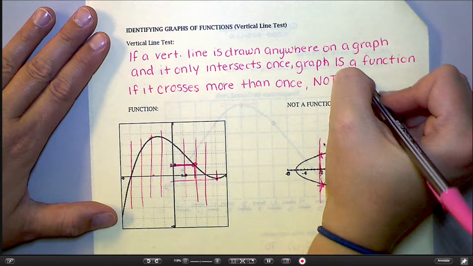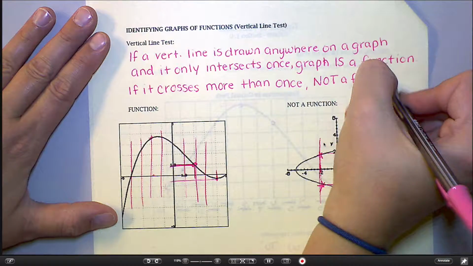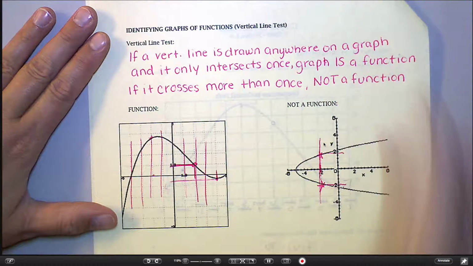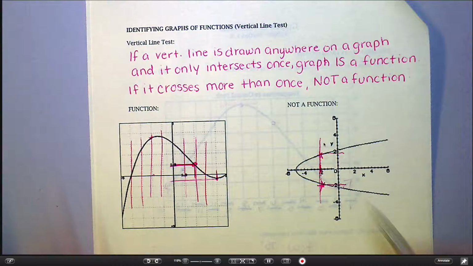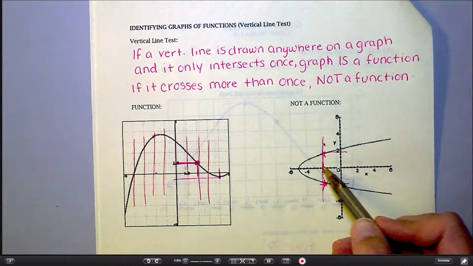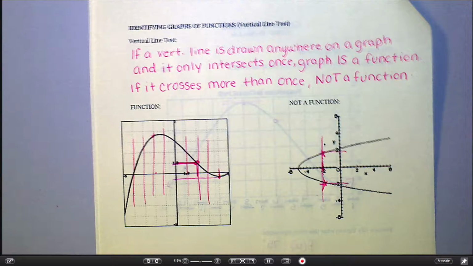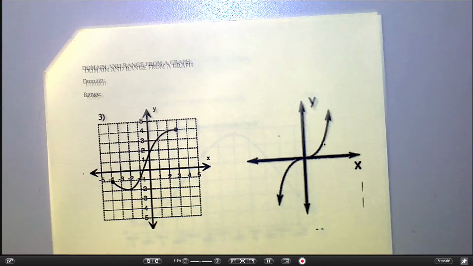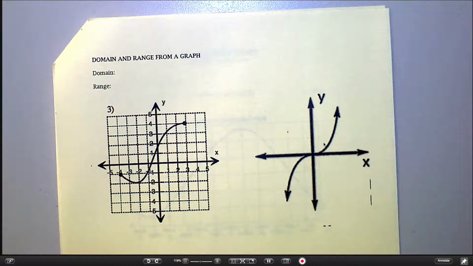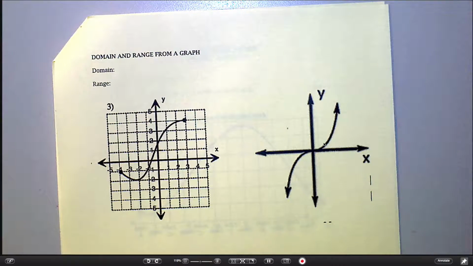So probably you don't even need to be real detailed there. You've used this before. But I just wanted you to understand why the vertical line test works the way it does, because what it's really telling you is that that X value right there matches up twice. Like I said, I think the hardest part about this is domain and range from a graph, which you guys have already sort of started to pick up on.